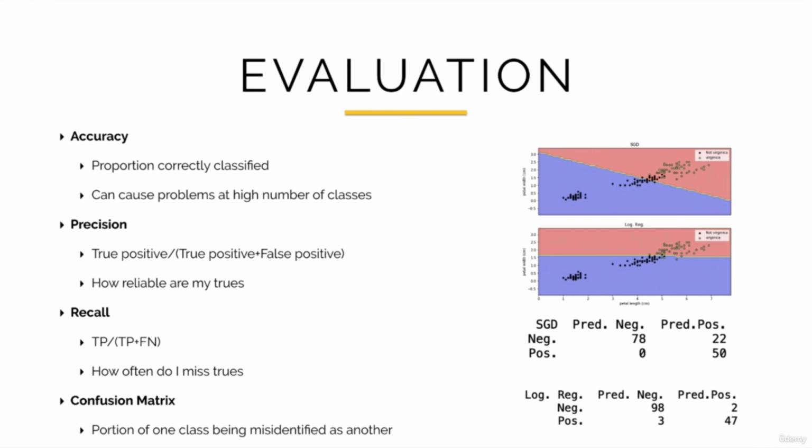And so we can see 78 were predicted negative and were actually negative, whereas 22 were predicted positive but were actually negative. So we've got a confusion going on here, but we've got no predicted negative values that were positive. And so what you're looking at with a confusion matrix is how often is one class confused with another class.